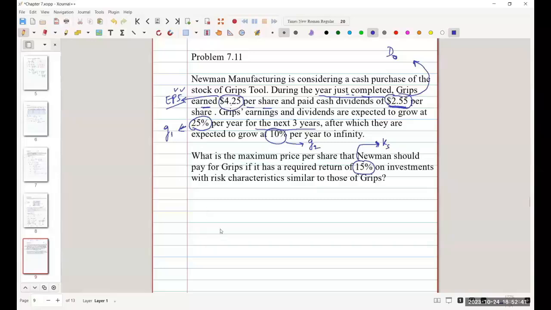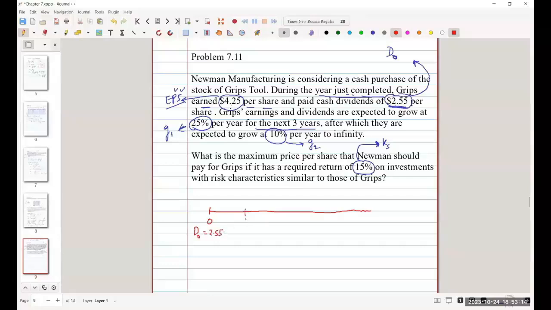So ladies and gentlemen, what I suggest you should do in a situation like this is to have a visual of the situation, and to do that, you should draw a timeline. So let's do a timeline. This is time 0. We know that here D0 is equal to 2.55.